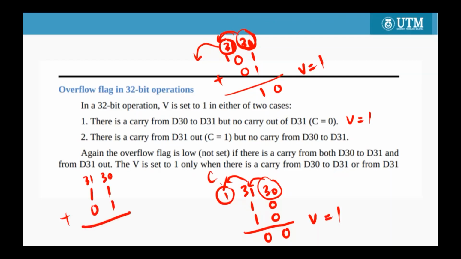You add this bit here, 1 plus 1, and you have a carry from bit 30 to bit 31. Then 1 plus 1 again, and you have another carry out. So what happens to your V? V will automatically become 0, because you have a carry from bit 30 to bit 31, and from bit 31 you have another carry.